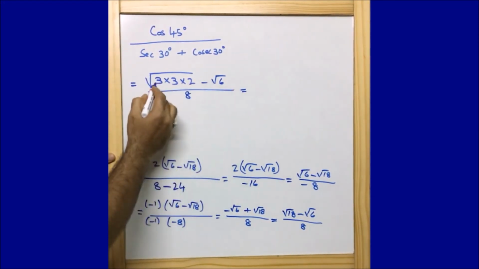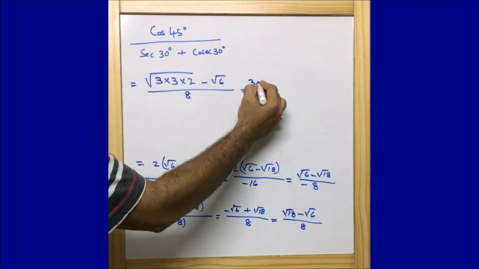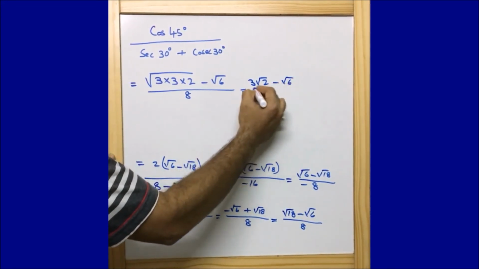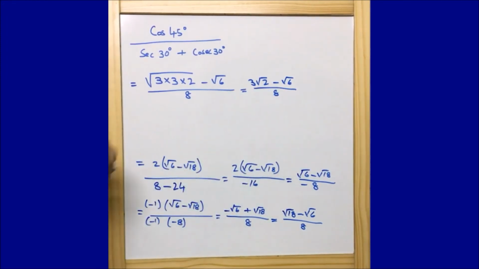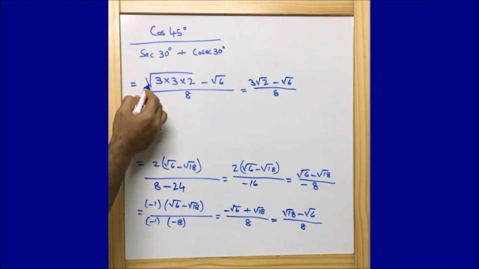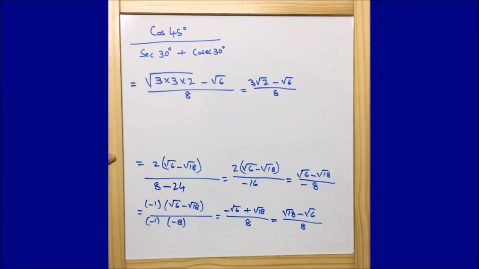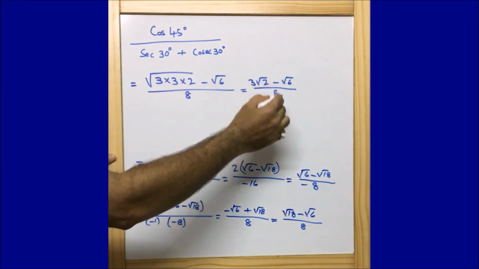Root 3 into root 3 is 3, so I am left with 3 root 2 minus root 6 by 8. Because root 3 into root 3 is 3, I have to move 3 outside and we are left with root 2 only. So I wrote this as 3 root 2 minus root 6 by 8.